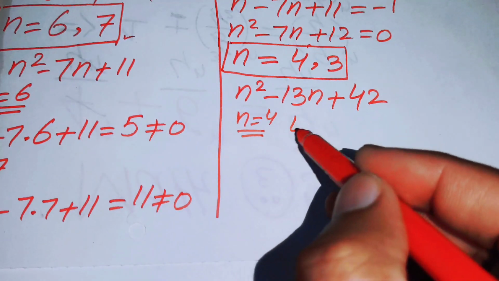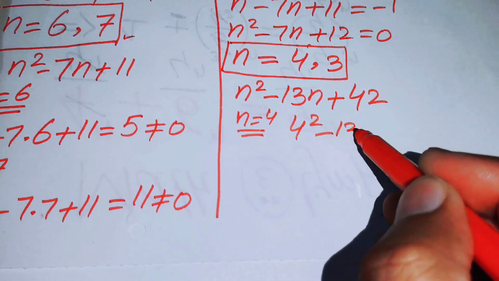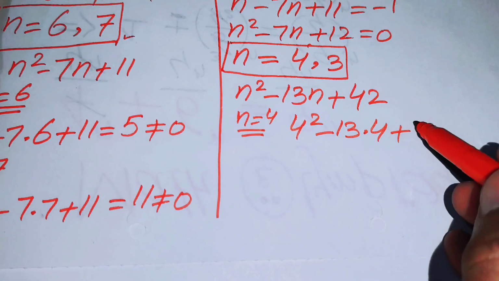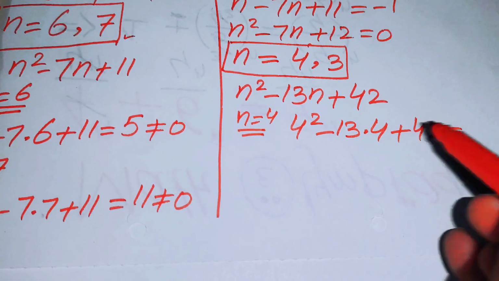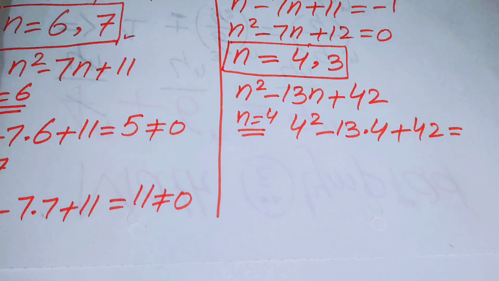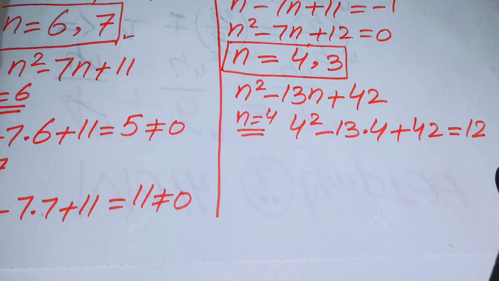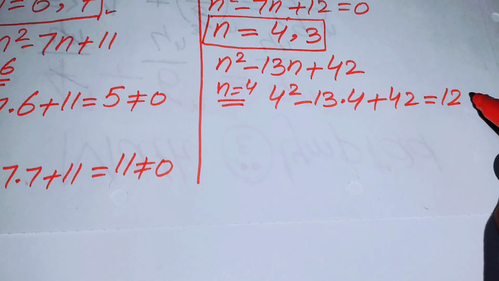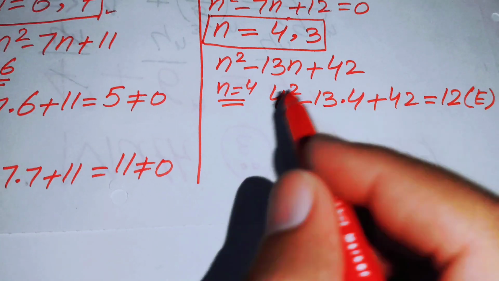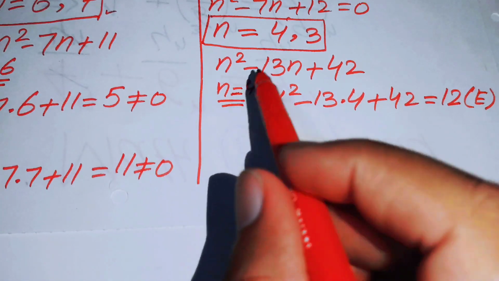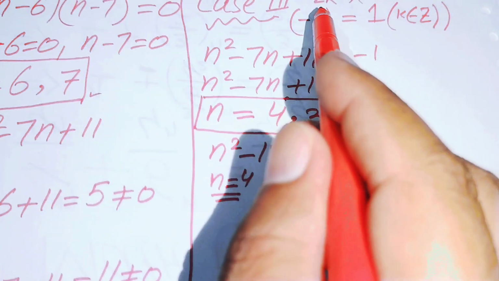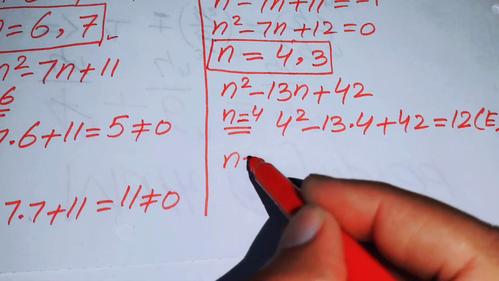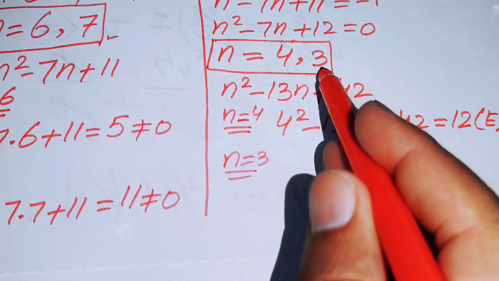first n is equal to 4. When we put n is equal to 4, it becomes 4 square minus 13 times 4 plus 42, and when you solve this you get 12, and you see this 12 is an even number, so this shows that n is equal to 4 satisfies this case. And now we check n is equal to 3, the other value of n.